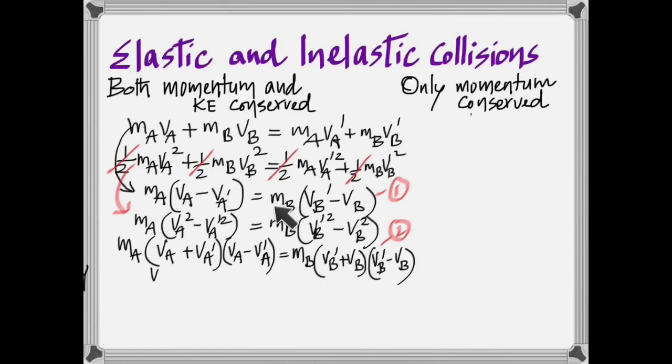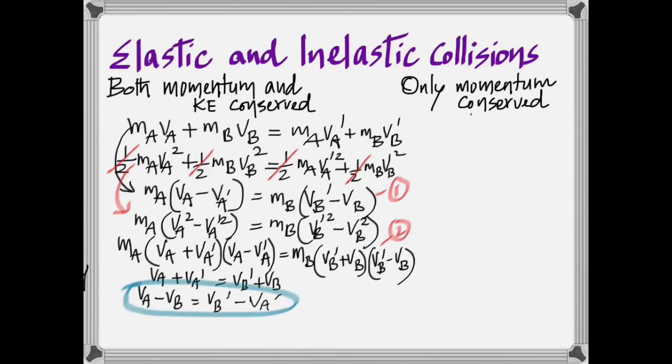And on the right side again, if I divide this with this, the masses are going to cancel out. Once again, this will cancel out, and I'll be left with this. So that's a very simplified equation that I'm getting. And then rearrange that, and I get my final result, which is really interesting.